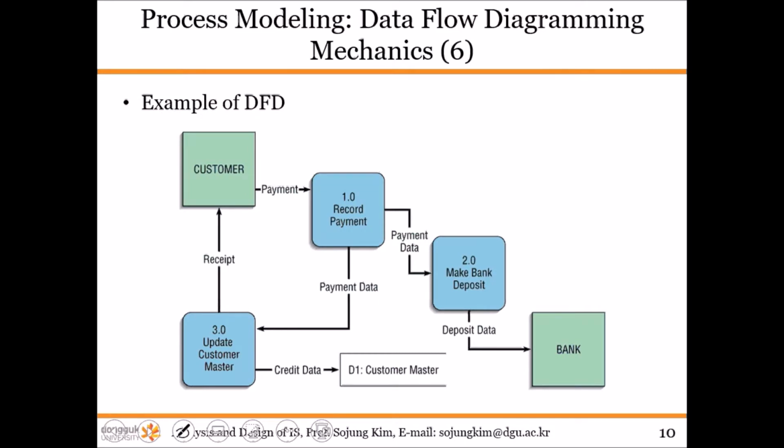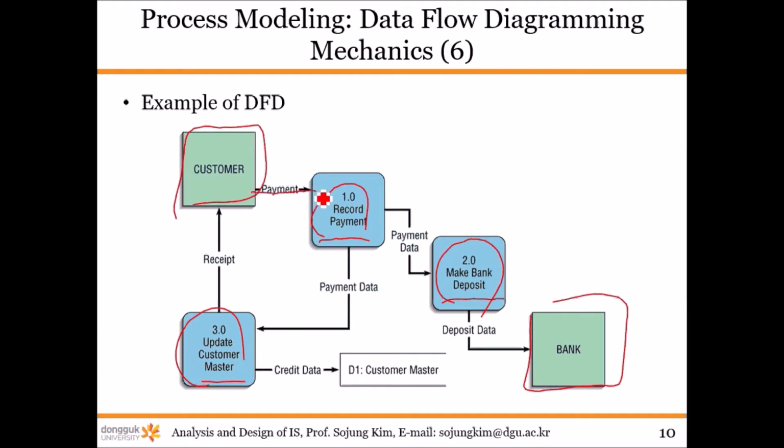Example of DFD. So see, we have customer here. Also, we have bank here. So these are the external entities. And also we have 1, 2, 3 processes. Record payment, and then make a bank deposit, update customer master, okay? So payment, if customer pays something, pays money, right?